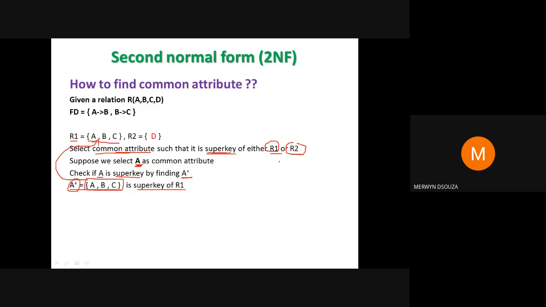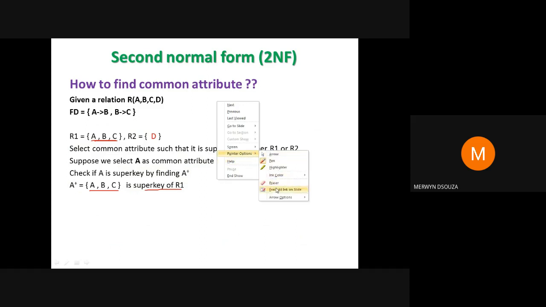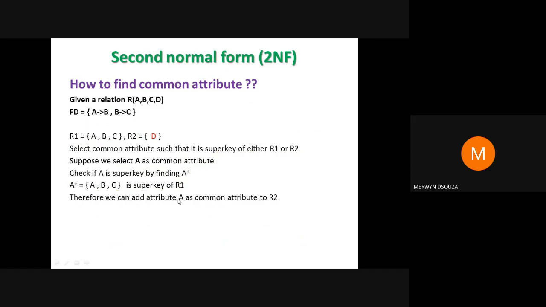Please note, I'm not saying R, I'm saying R1 or R2. So when I do the A closure, I get ABC, which is the same as R1. So therefore A is the super key of R1. So since A is the super key of R1, A can be added as a common attribute to R2.